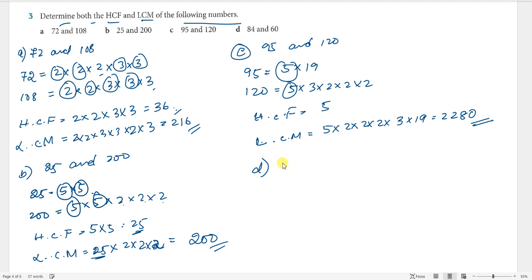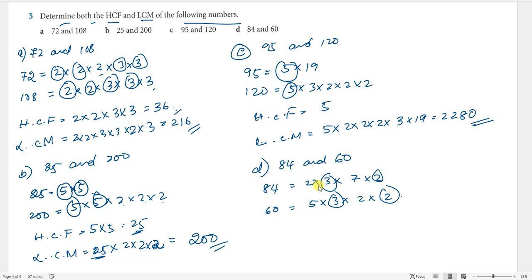Question D, we have 84 and 60. So 84 is equal to 2 times 3 times 7 times 2. We have 60, 5 times 3 times 2 times 2. Find the common factors. We have 2 and 3, 2 and 3, and we have another 2.